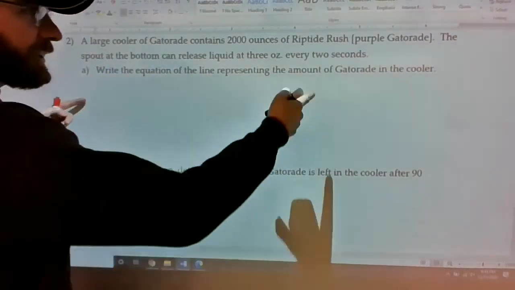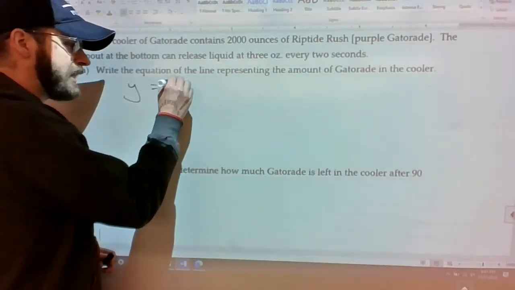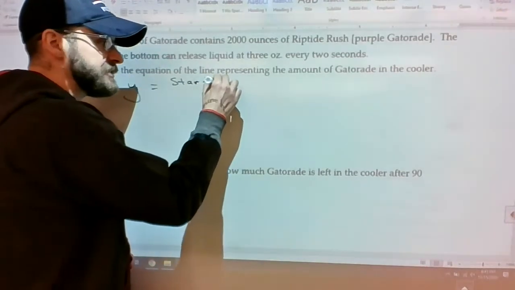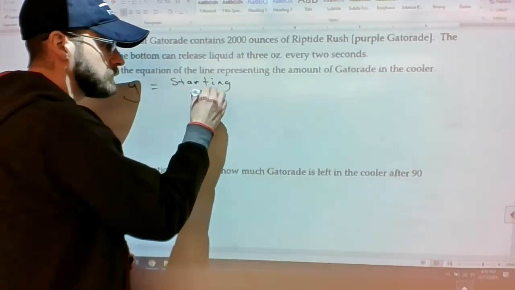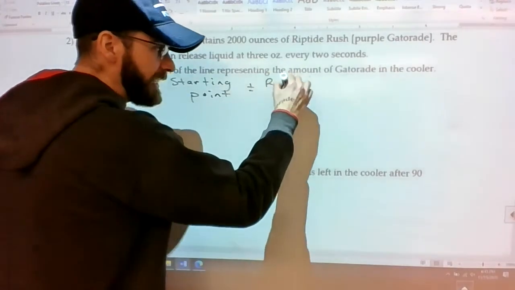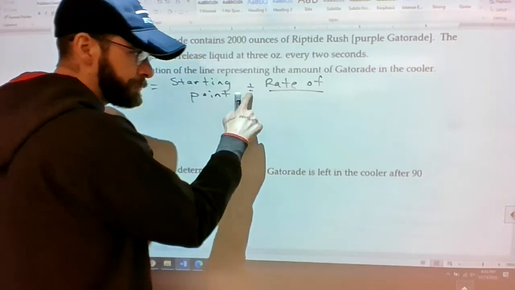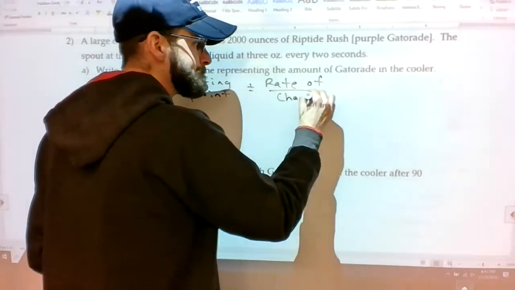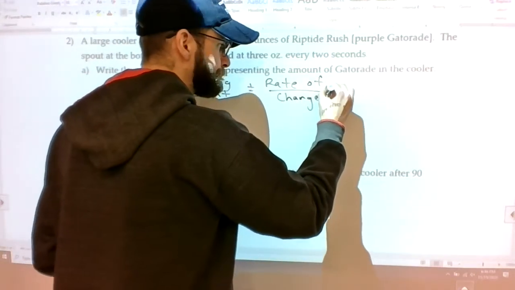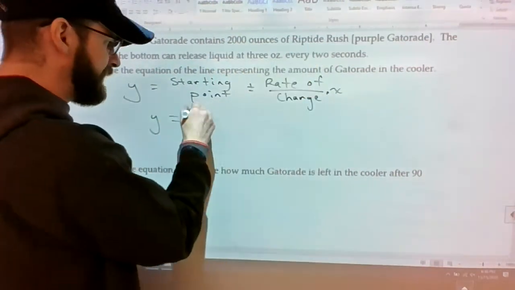So, can we write an equation of what's going on? Well, yeah. We should have a starting point, how much Gatorade's in the cooler right away. We should have a rate at which the Gatorade is leaving the container, so I'm going to choose the subtraction on this. So let's get to it. There's 2,000 ounces of Gatorade, that's our starting point.